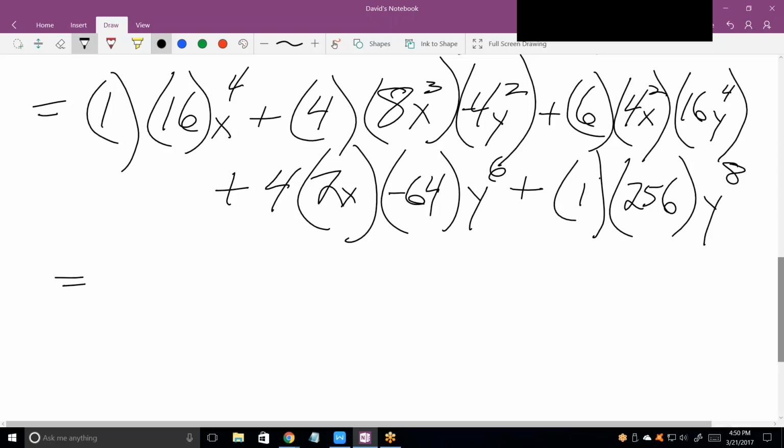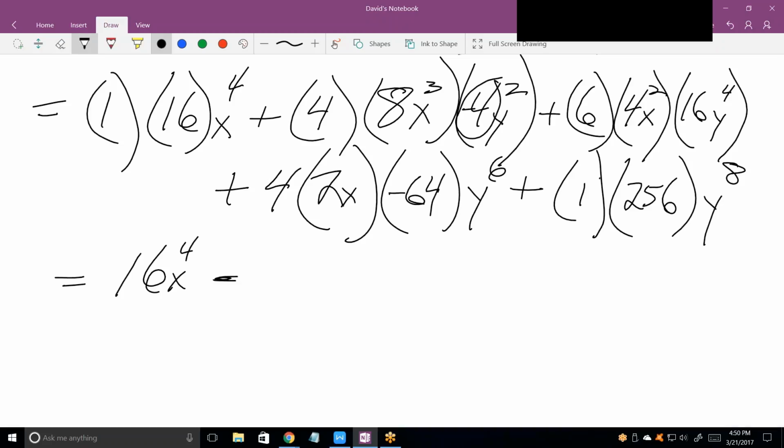So first of all, let's simplify this. We got 16x to the 4th plus, it becomes a minus. See why? Because I got a minus 4 right there. So what's 16 times 8?